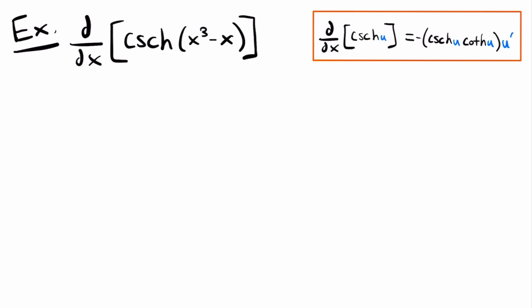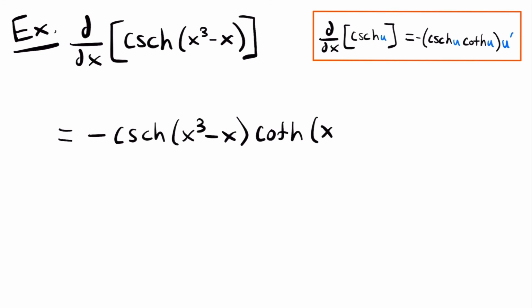And so we will have that this is equal to negative hyperbolic cosecant of that inside function, x cubed minus x, times hyperbolic cotangent of that inside function, x cubed minus x. And then we will multiply by the derivative of that inside function. And so if we use the power rule on x cubed, we will multiply the exponent of 3 down and then subtract 1 from that exponent. And so we will have 3x squared.